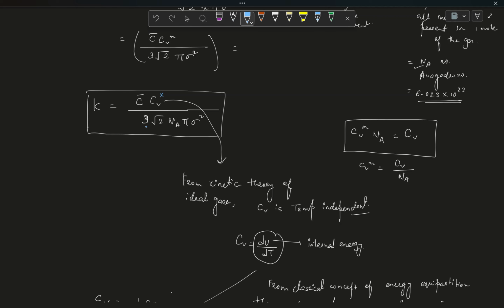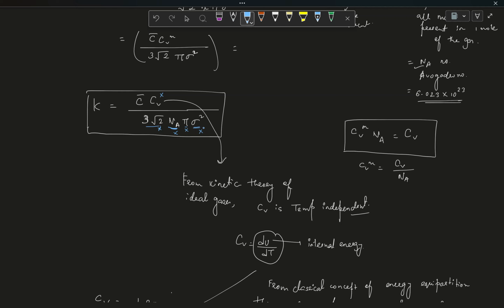Then you have 3 root 2, which is constant, so it is obviously gone. Same with pi, constant terms do not have any parameter dependence. Then Na is the Avogadro number, which is also a standard constant, so it is not temperature dependent. Then there is sigma. Sigma is nothing but the molecular diameter, right?